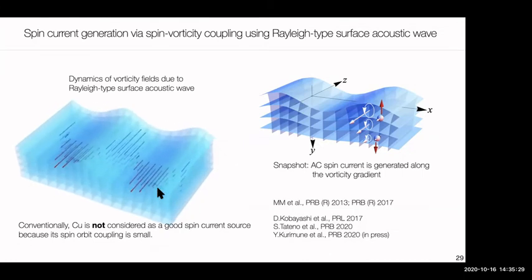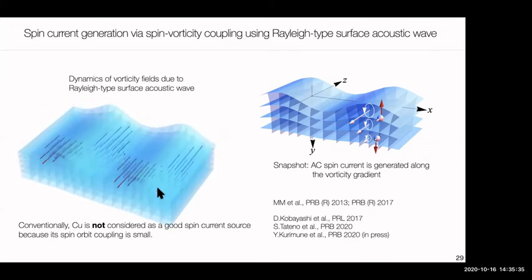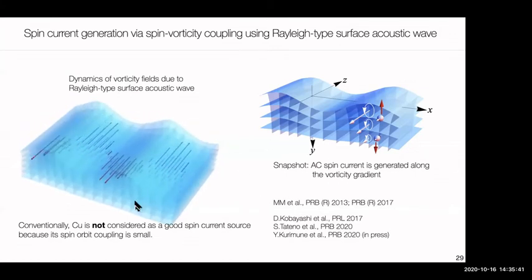We demonstrate the Barnett effect can excite the spin wave propagation. But in this case, we use the non-magnetic material, copper.